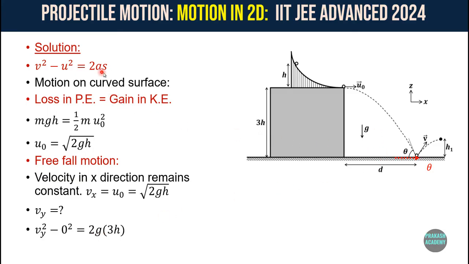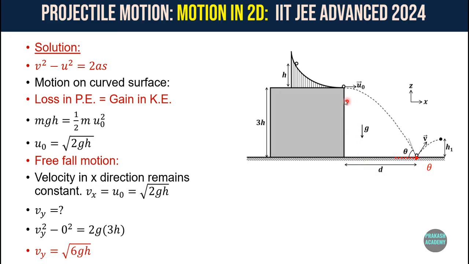Acceleration in this case is acceleration due to gravity, that is g, and distance traveled is this one, that is 3h. So from here I can say Vy is equal to under root 6gh. So at this point, now I know Vx is the same, and Vy is under root 6gh.